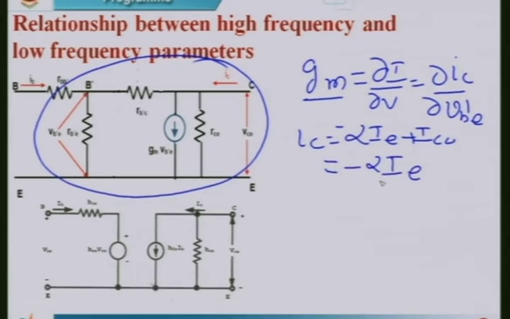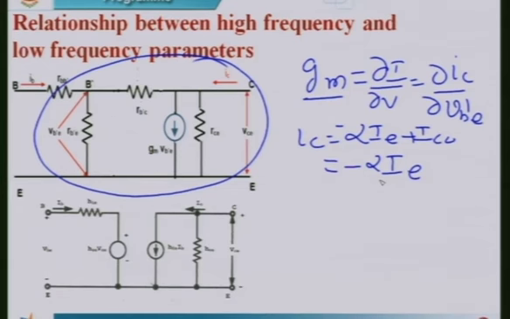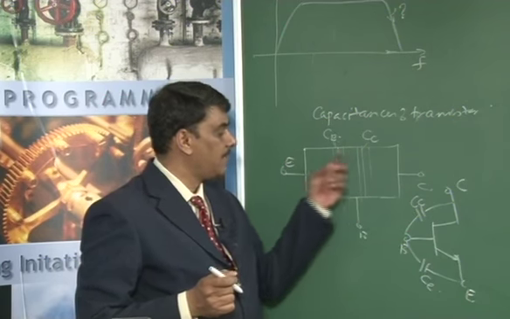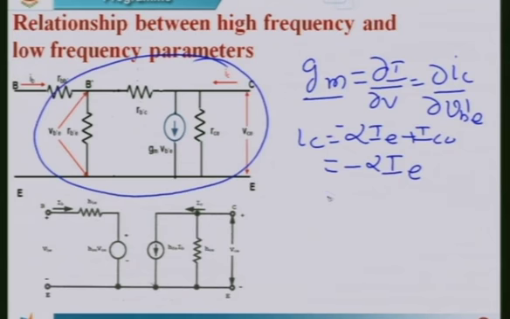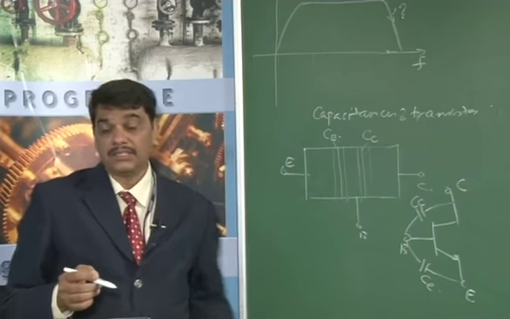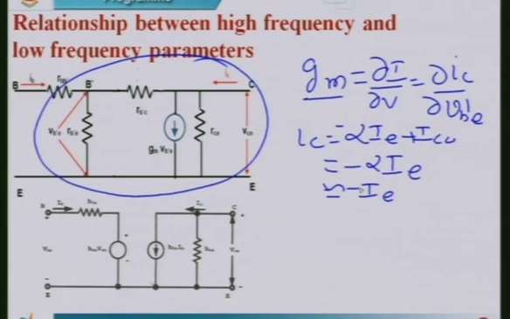Also alpha is close to 1, because the base emitter junction is lightly doped and the recombination current is negligibly small compared to I_C and I_E. Hence, I_C is approximately equal to I_E, where the negative sign indicates that both the currents are leaving the node. So the magnitude of I_C is approximately equal to the magnitude of the emitter current I_E.